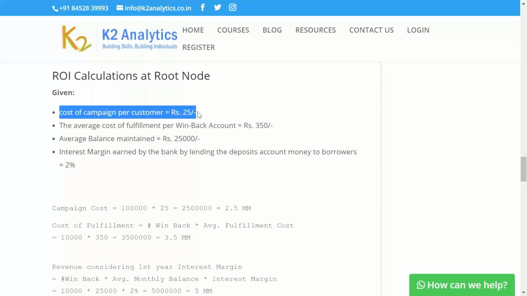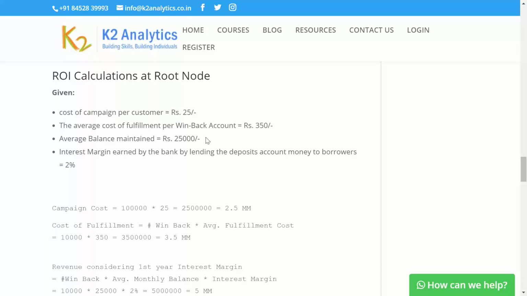Bank will do it free because that is the offer. Some customers may say, I've forgotten the password. Kindly regenerate my PIN. So the bank will regenerate the PIN and courier it. Again, it's a cost. Some customers' KYC might have become outdated, so re-KYC might have to be done. So there are many things because of which there is a cost of fulfillment, and that is given as rupees 350 average per conversion.